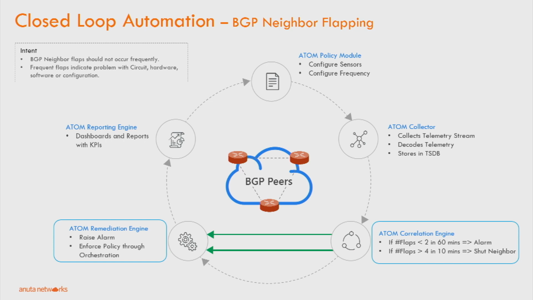Like if the interface is being flapped 4 times or 10 times or 15 times, based on whatever administrator defines, if it crosses a certain number of times, it can bring down the interface automatically, or send an alarm to the administrator so that he can take appropriate action, or enable other ports, or configure something else. This is how there are a number of closed loop automation use cases.